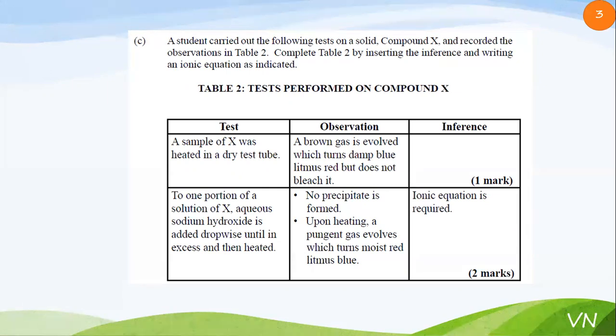So correct, you can see that, I'm just going to write through as I read through the chat there, that nitrogen gas is produced. Note here that because it changes blue to red, it is telling us that that's an acidic gas. All right, so we could have said also that an acidic gas is produced.